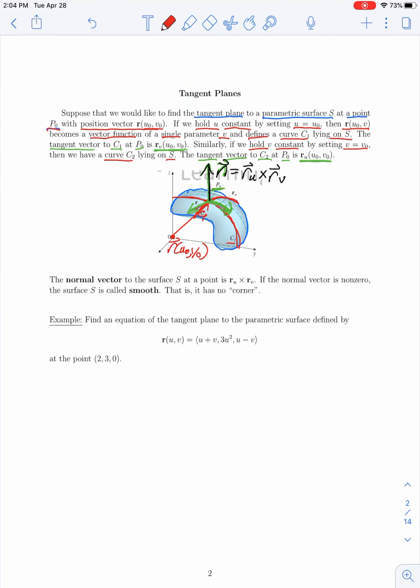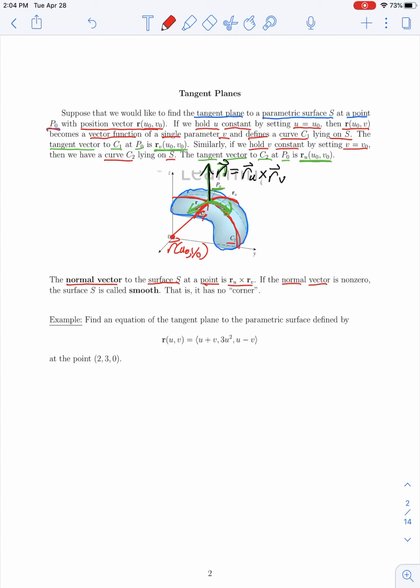So here, for a parametric surface, a normal vector to that surface at any point is given by the cross product of the partial derivatives of the parameterization of that surface with respect to u and v. Now, a little more terminology to go with surfaces here.